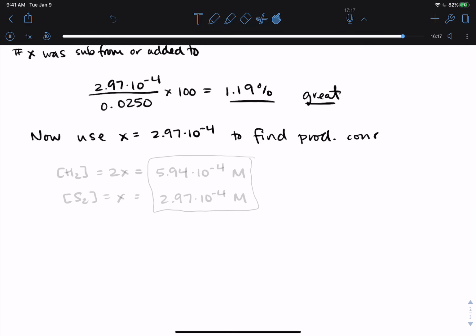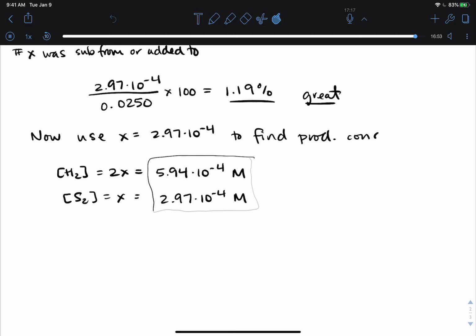The H2 in our RICE table was equal to 2x, so the H2 concentration is 5.94 times 10 to the minus 4th molar, and the S2 concentration was just equal to x, so 2.97 times 10 to the minus 4th molar.